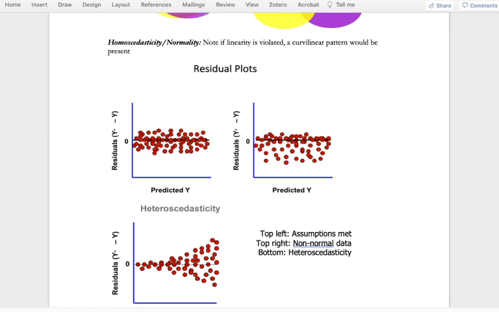Here we have a couple different plots, and I want you to just look at them. There's the predicted value along the bottom, and the residuals along the side. Essentially, what this is telling us is, do the residuals change based on the predicted values?